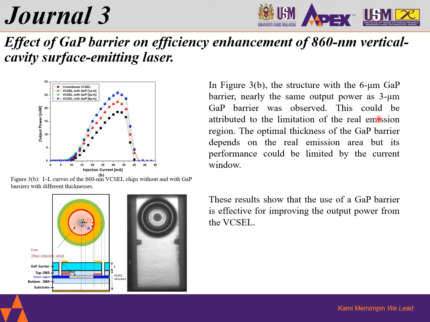This could be attributed to the limitation of the real emission region. The optimal thickness of gallium phosphide barrier depends on the real emission area, but its performance could be limited by the current window. So overall, the result shows that the use of gallium phosphide barrier is effective for improving the output power from the VCSEL.